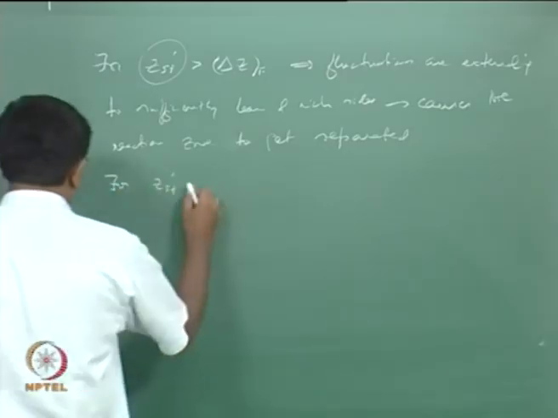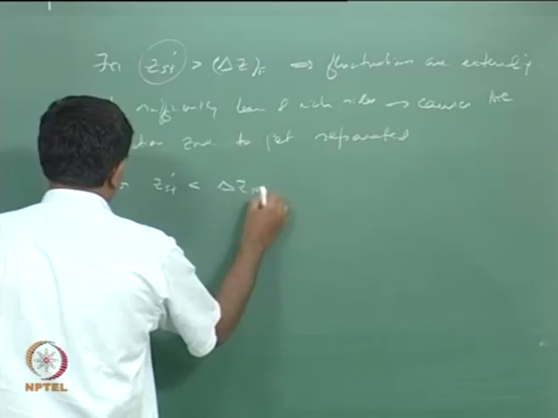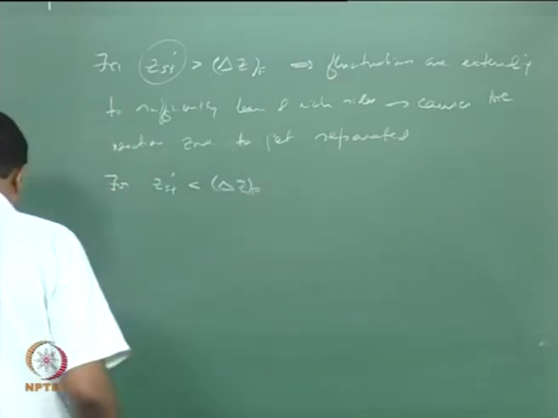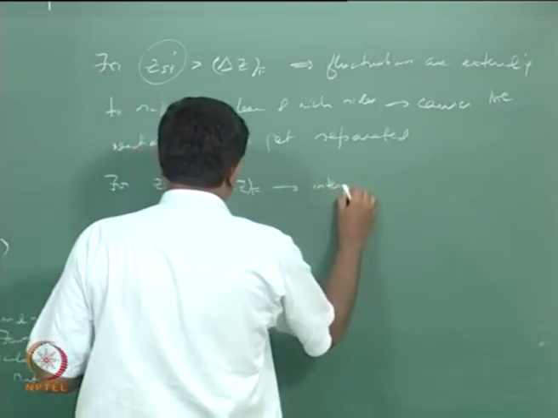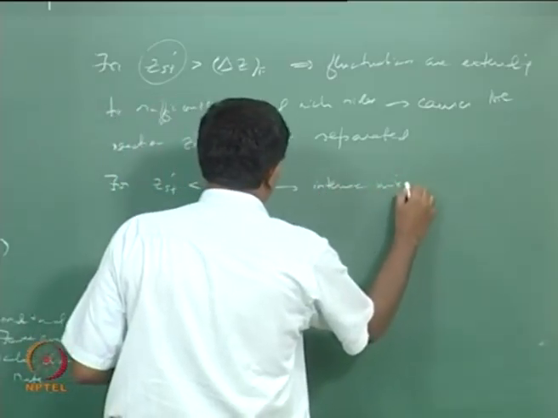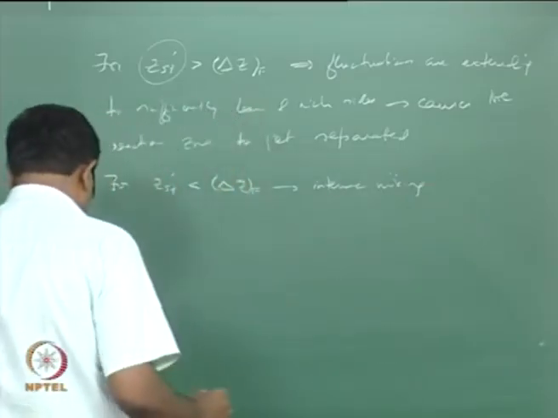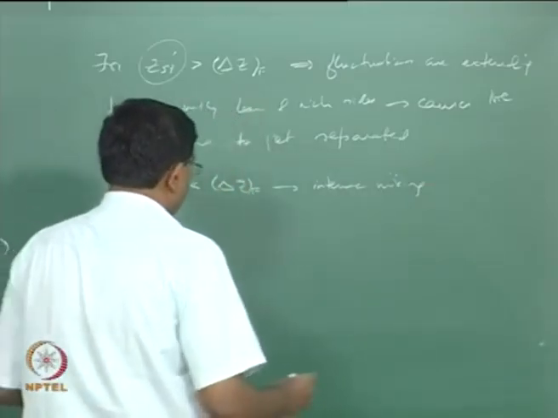Now for zst prime less than delta zf, we do have intense mixing, but not enough to cause separation, and sometimes you can also get partial premixing.